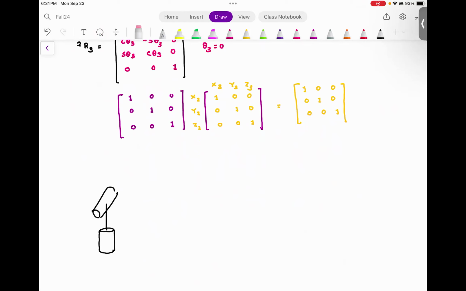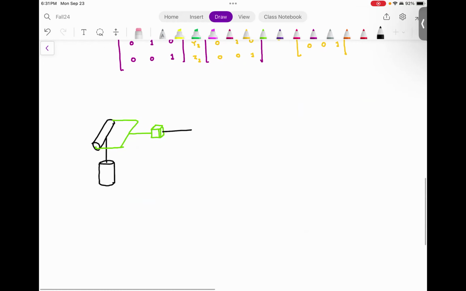Let me draw this robot. And what I have here is a prismatic joint. Now, I want you to look at this robot once in front view and once in top view.